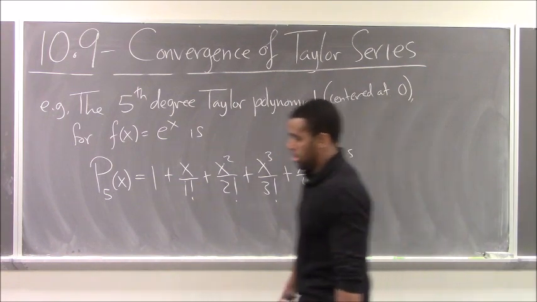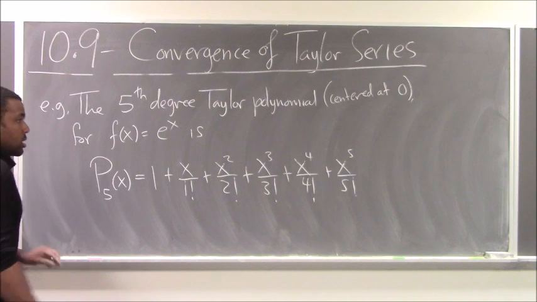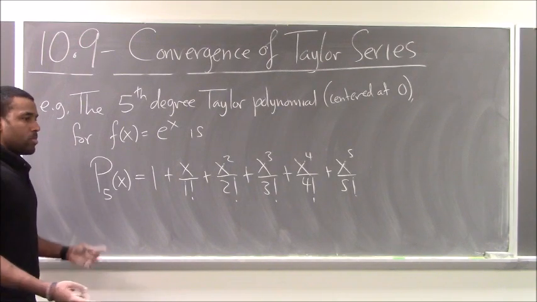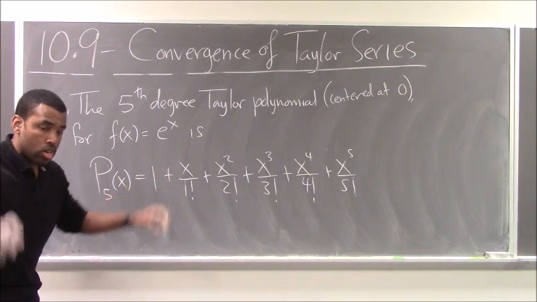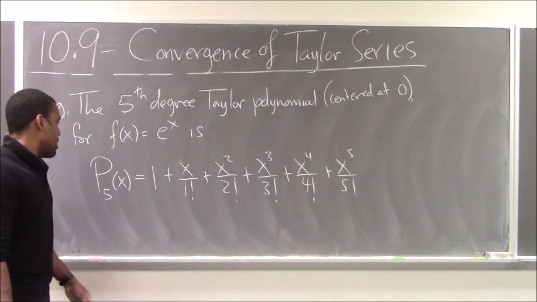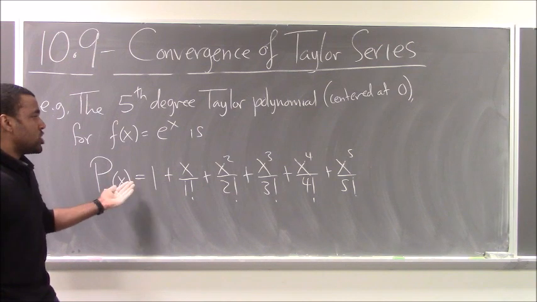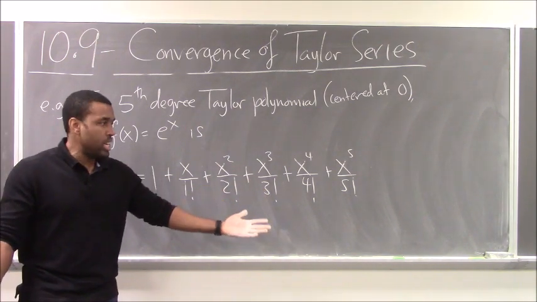And in the same way, like we were talking about a while ago, we can talk about a remainder term. So what you can think of as a Taylor polynomial, it's just a partial sum of a Taylor series.